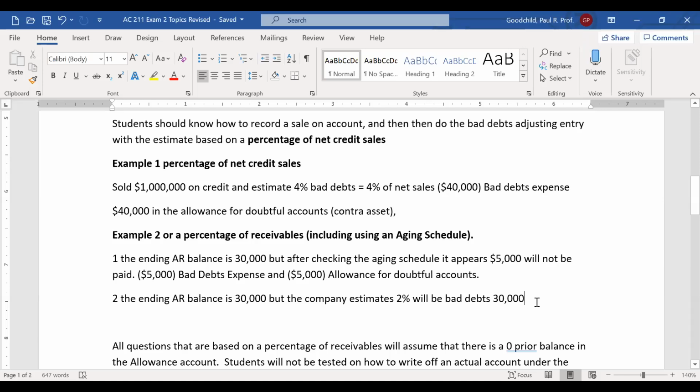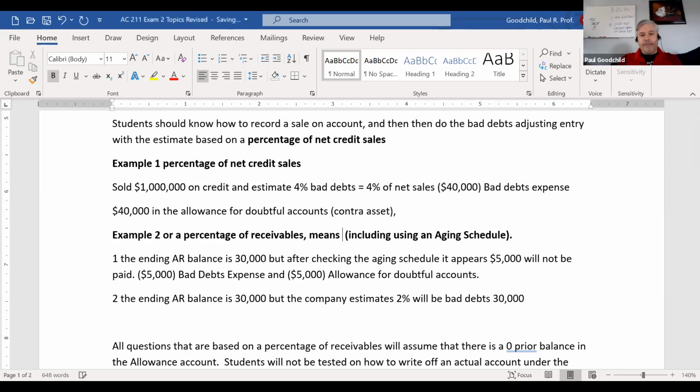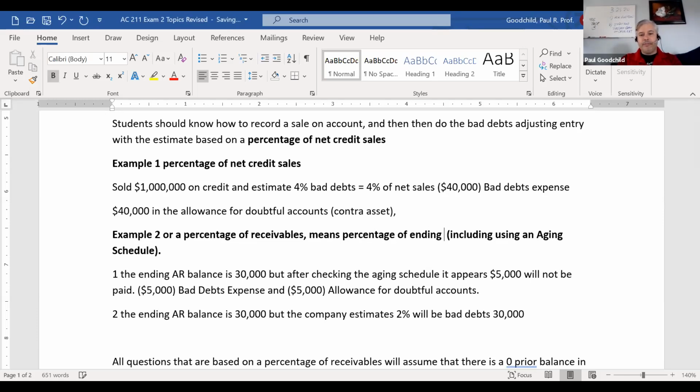I got it. Thank you. Because these are accounts receivable balance. When it says percentage of receivables, it means percentage of period ending AR balance.